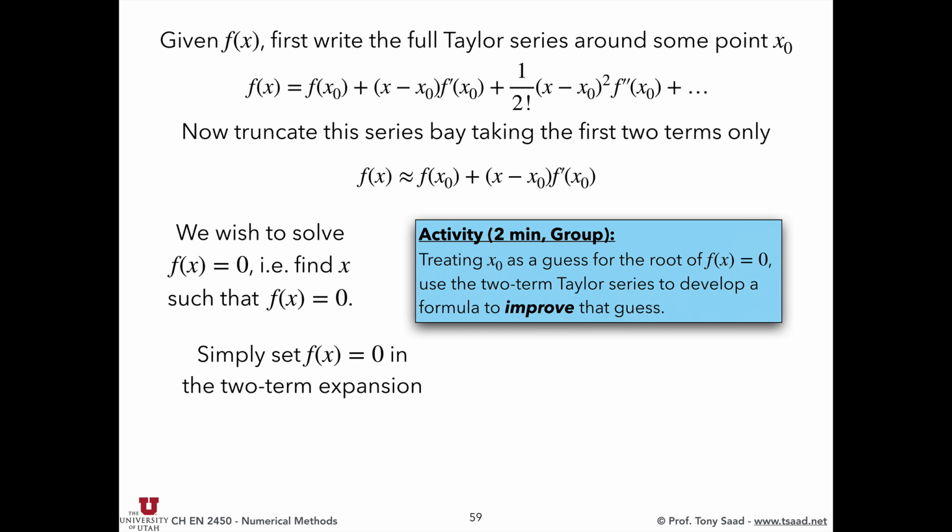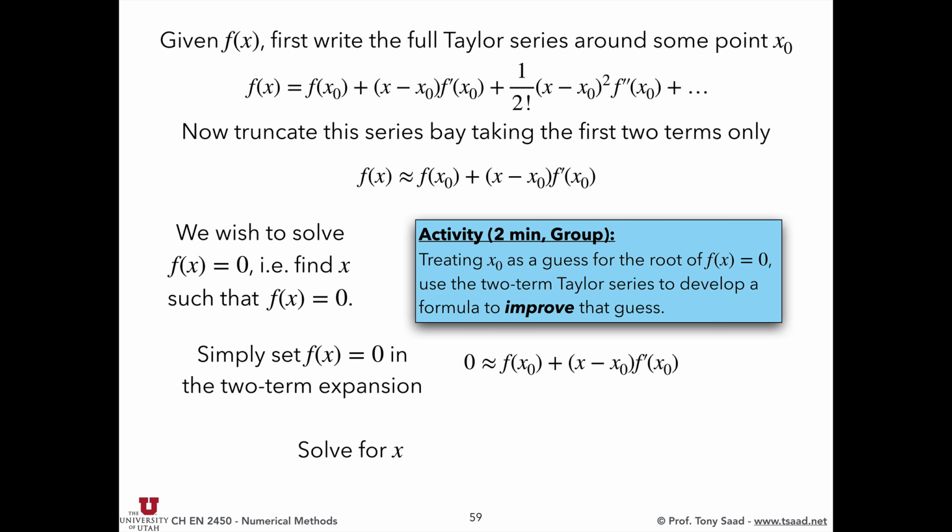Okay, so we simply take that formula, the two-term Taylor series expansion, and set f of x equals 0. That's what we want. We want f of x equal to 0. That's where our root lies, right? So that gives us 0 is approximately equal to f of x naught plus (x minus x naught) f prime of x naught. Now we know x naught, we know f prime of x naught. What we don't know is x.